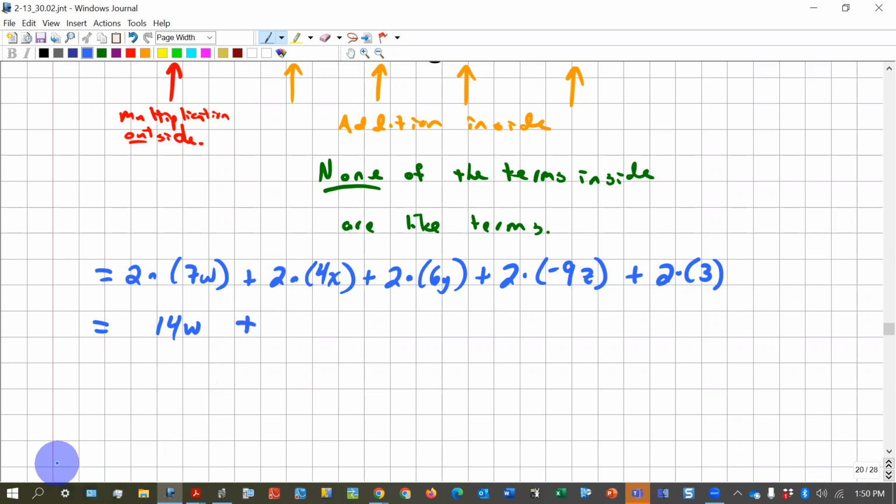Plus 2 times 4x is 8x, plus 2 times 6y is 12y, plus 2 times negative 9z is negative 18z, plus 2 times 3 is 6. So as long as you have addition inside and multiplication outside, you can distribute.